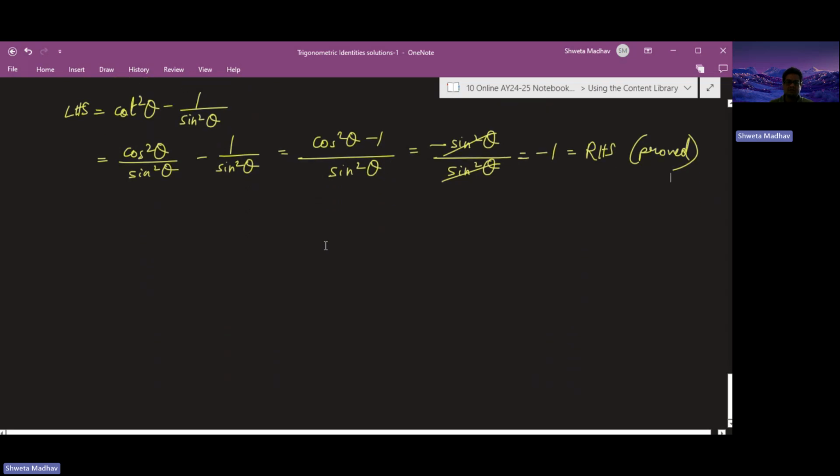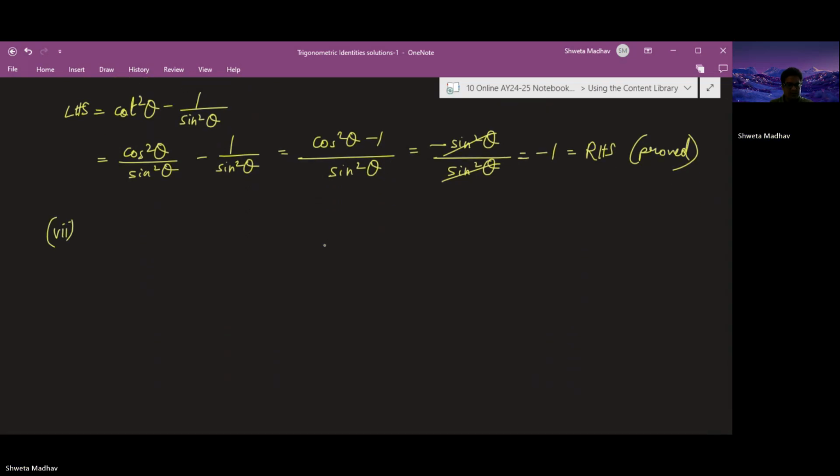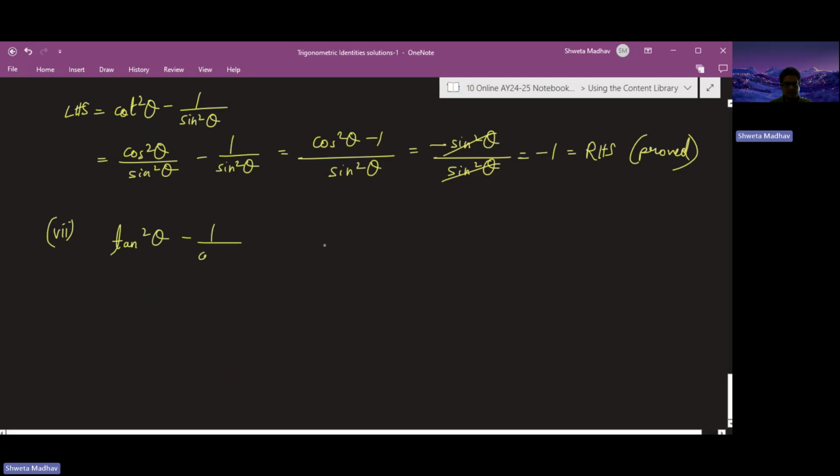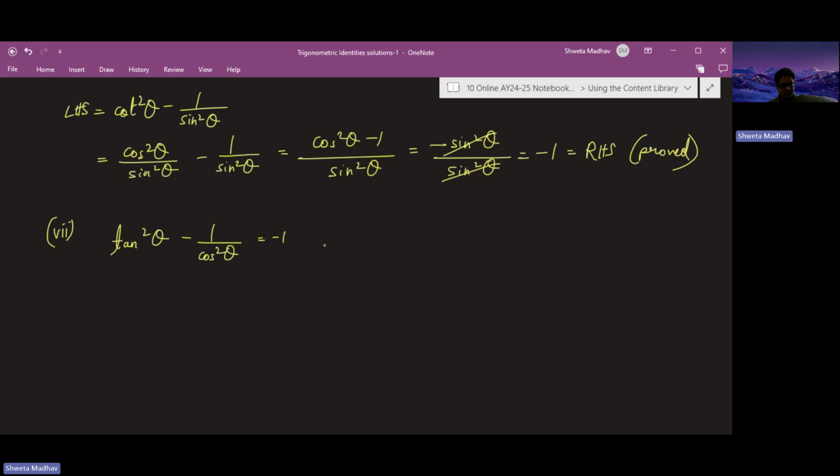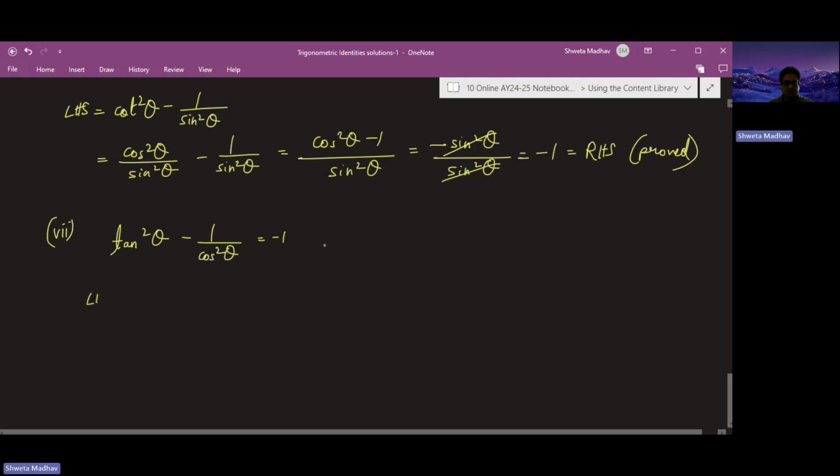Then in the seventh part, we have to prove that tan square theta minus 1 by cos square theta is equal to minus 1. Now we have to start from the left hand side.